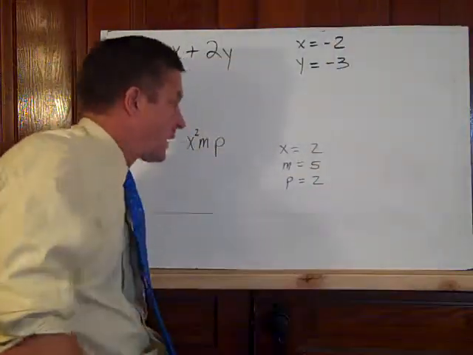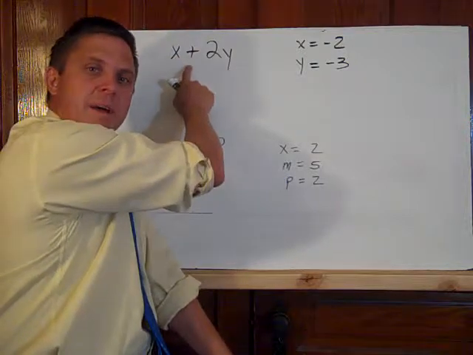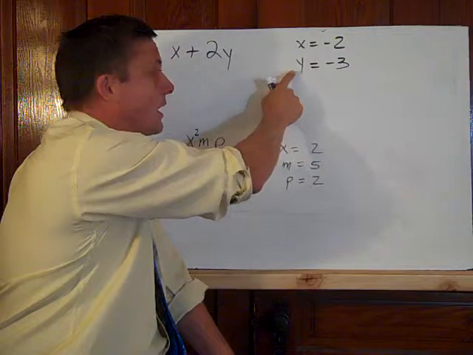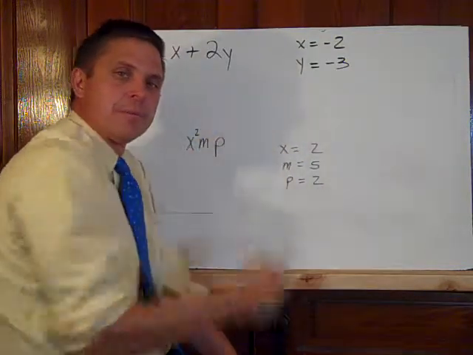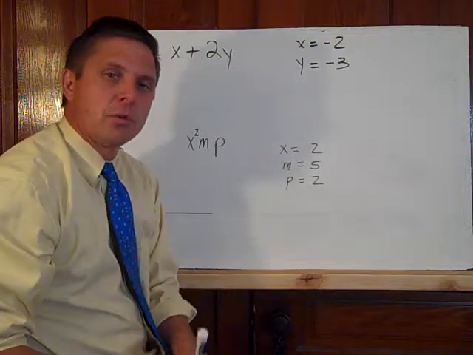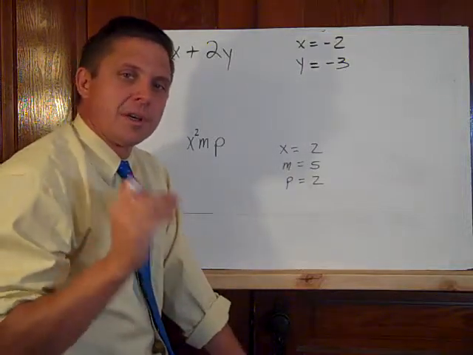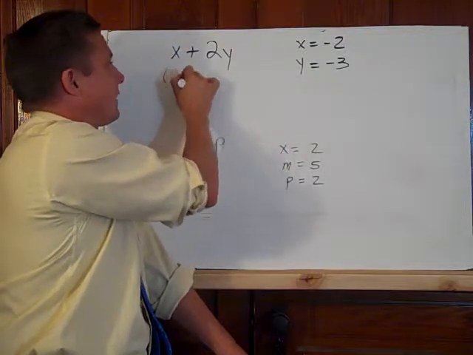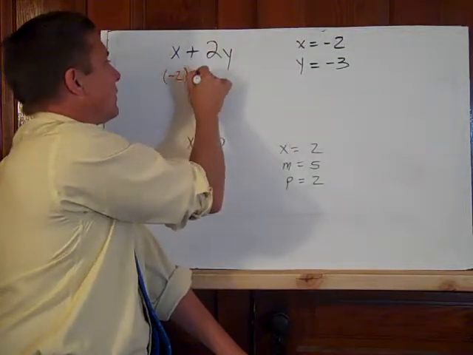So I start with x plus 2y as my algebraic expression, and I give the equations x is equal to -2 and y is equal to -3. Now, you might be able to do this one in your head, but one of my big rules for evaluation is realizing we are changing x for the value of -2.